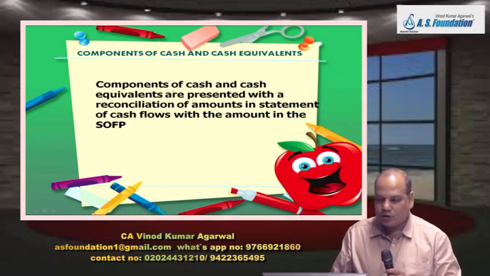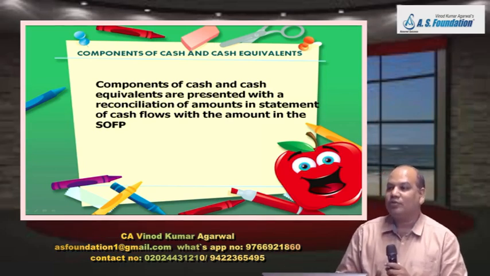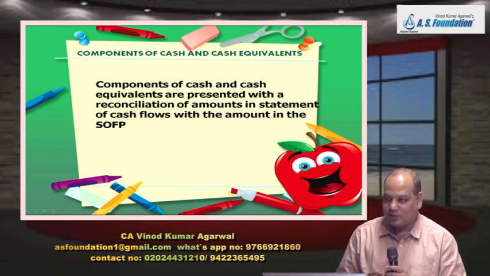So in the notes you will give a reconciliation which will first give you what are the components of cash and cash equivalent. So you will write cash in hand, demand investment, or bank account which is demand based, demand deposit.